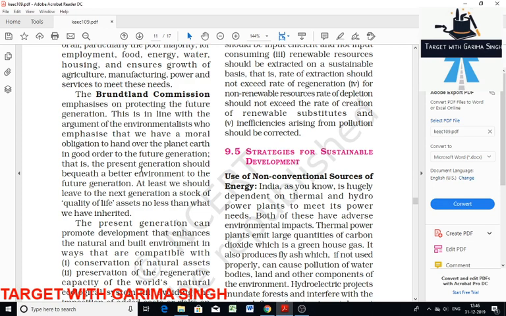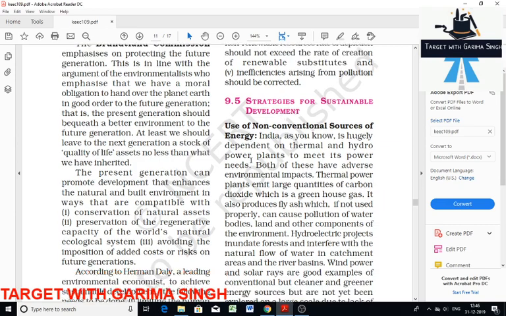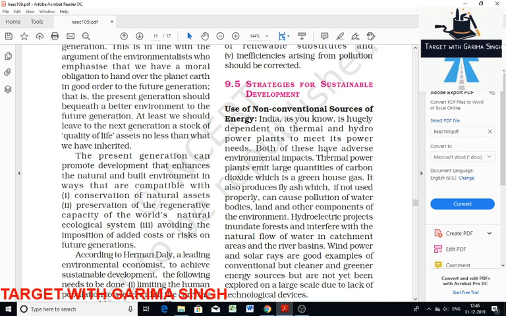Strategies for sustainable development: use of non-conventional sources of energy, use of cleaner fuel. These are the strategies for sustainable development. First is use of non-conventional sources of energy, like solar, water, air, wind, that can be renewed easily.